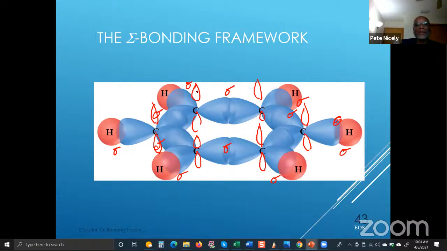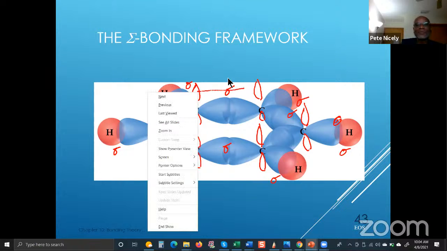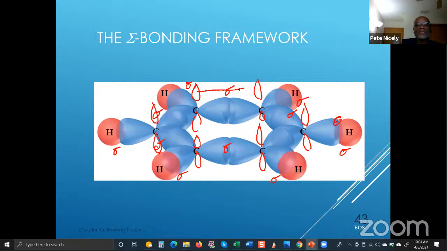So what will happen is that you're going to have overlap sideways. Overlap here, overlap here, overlap here, overlap here, and overlap here.